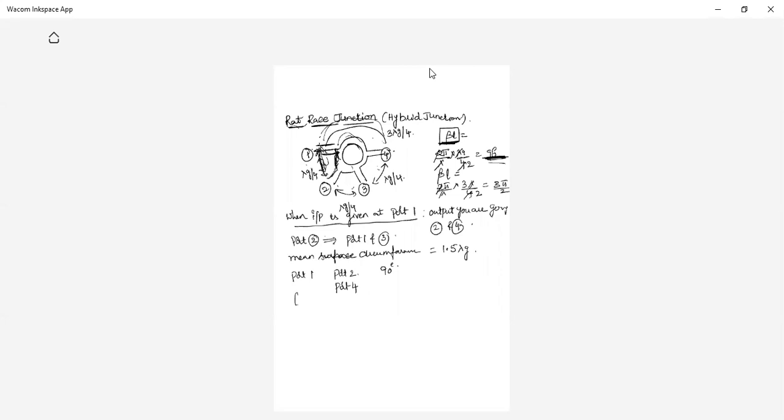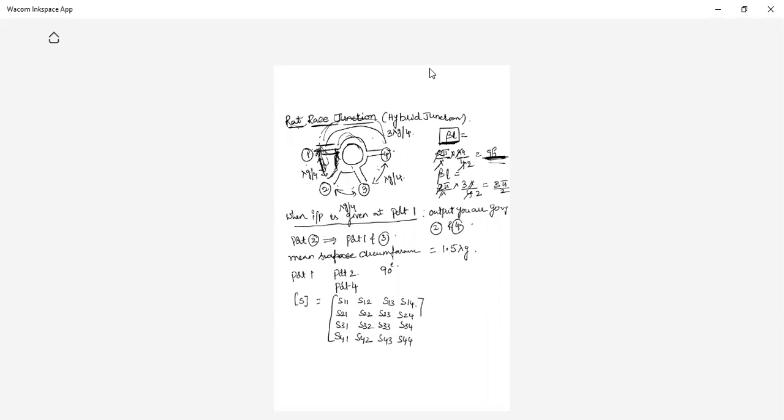So what is the S matrix of this? Since it is a 4-port device, we can write S11, S12, S13, S14. Similarly S21, S22, S23, S24, and S31, S32, S33, S34, and S41, S42, S43, S44.